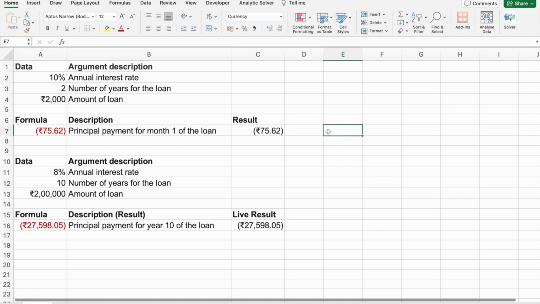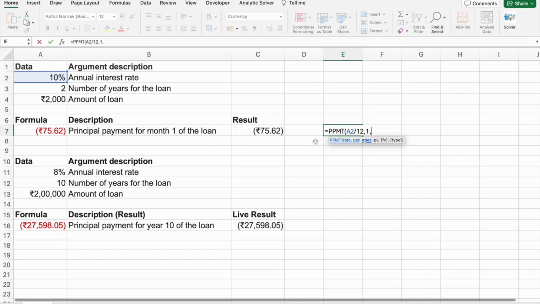So here I'm just going to use the formula PPMT. First of all, we have to select the annual interest rate, then we have to divide it by 12. Then we have this one, PER. So here we have to select 1 month, right? So that's 1.